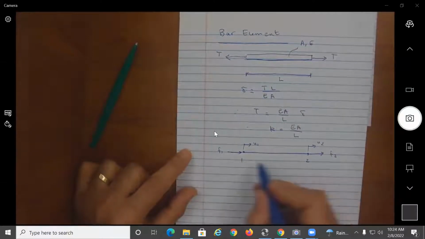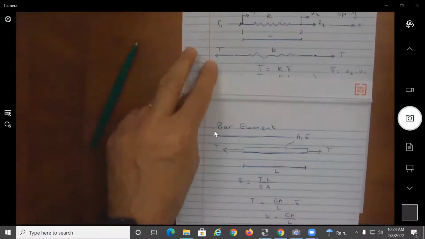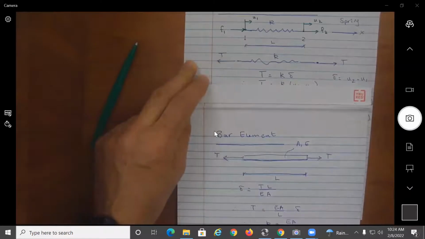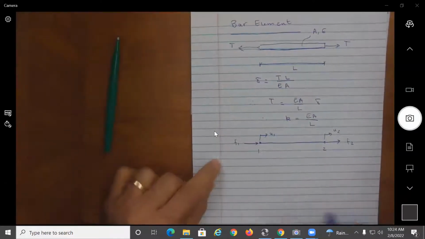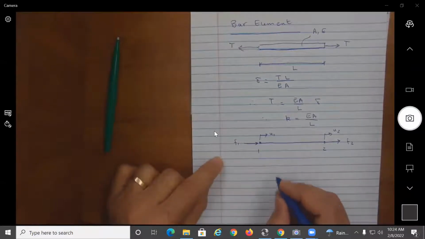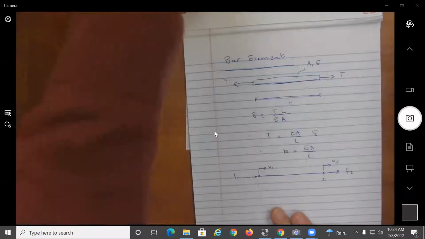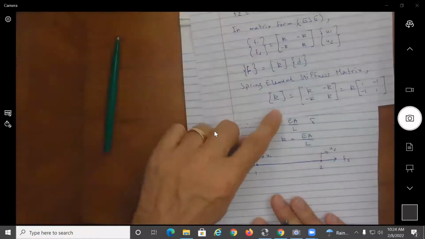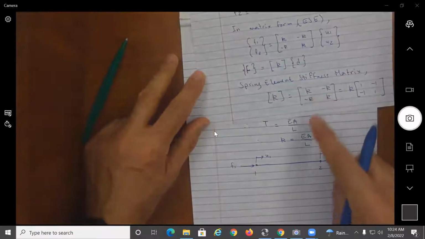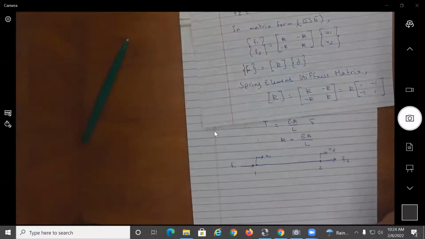So this is the bar element, which looks identical to what we have seen for the spring. If that's the case, we can also show that the element stiffness equations may be written similar to what we did for the spring, but now I can replace K with EA over L.